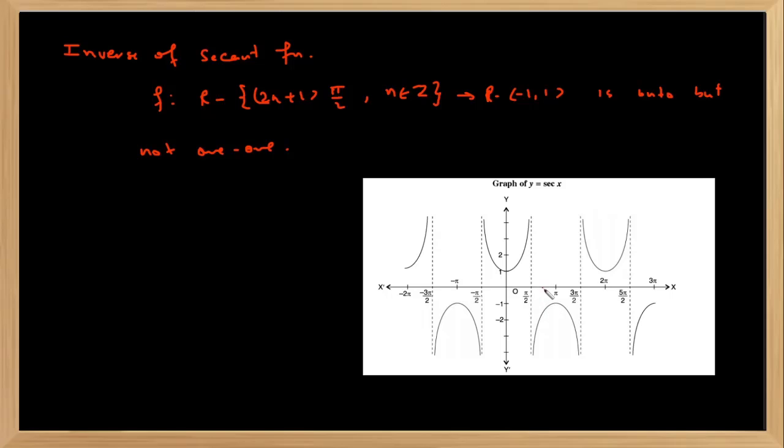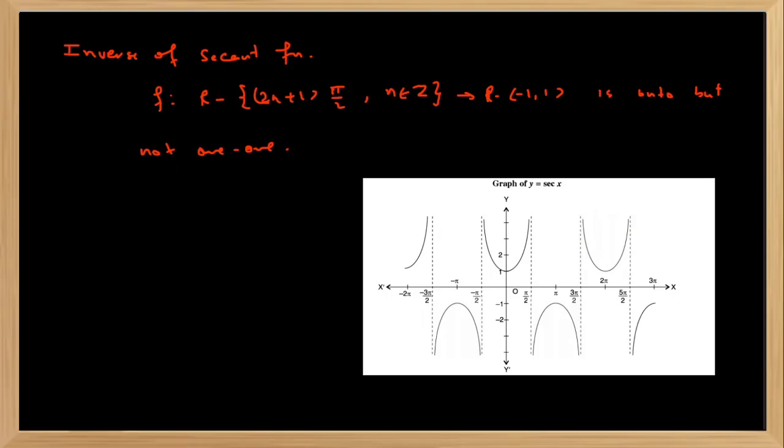At 3 pi by 4 it will be minus root 2, so the shape will be like this. Then after pi, in the third quadrant, it will again be negative and go up to minus infinity. This graph was already discussed in class 11. Now if you draw any horizontal line, it will meet the curve at more than one point: here, here, here, here. So it is not 1-1.